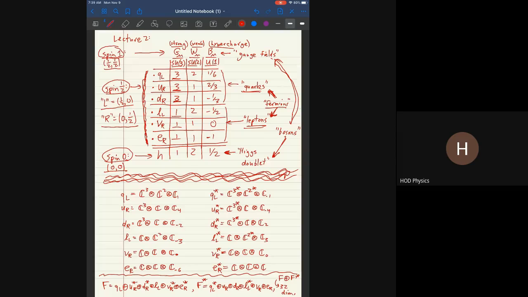It's just the most general formula you can write down, whose variables are these fields appearing in this table, and which is invariant under the gauge group SU3 times SU2 times U1, and also invariant under the Lorentz group and under space-time translations, under the Poincare group of space-time symmetries.